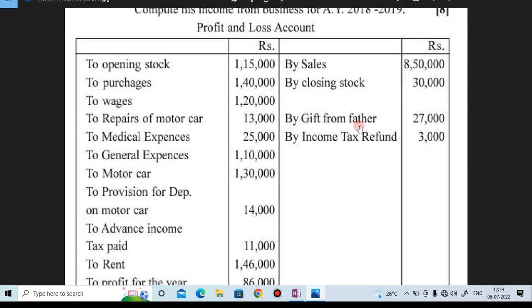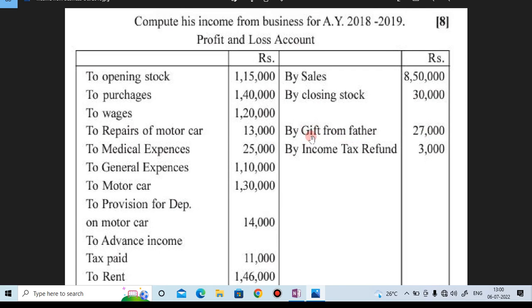Next is gift from father, 27,000. Now gift from father is not related to business income, it is related to personal income. And still it is shown in the credit side. So those income we have to reduce it from disallowed expenses.